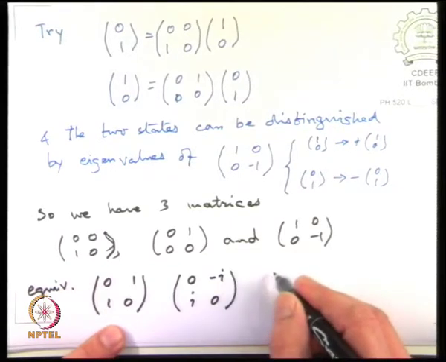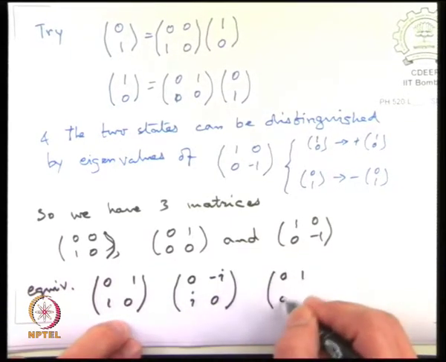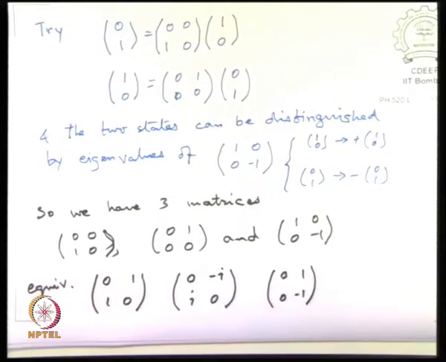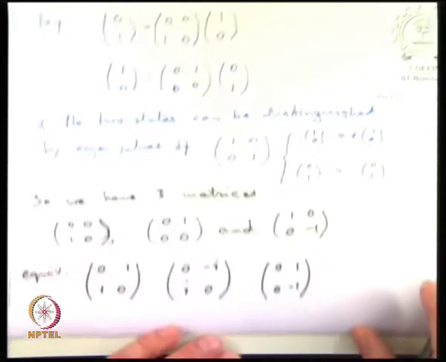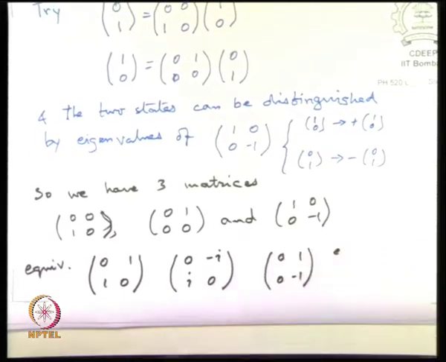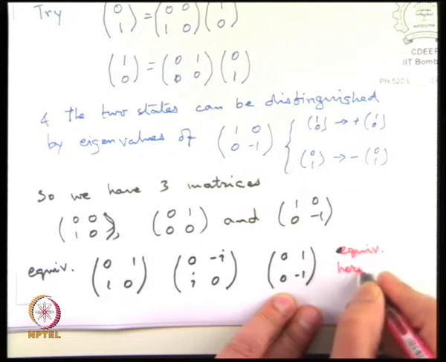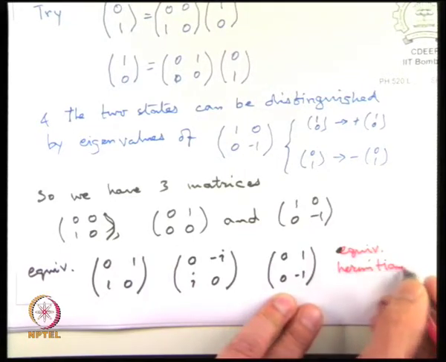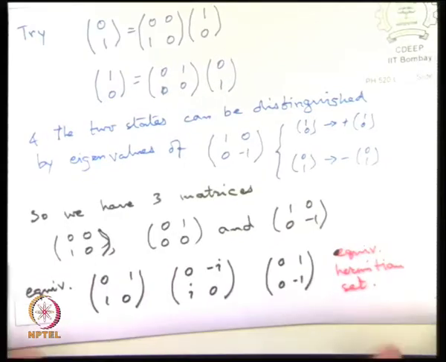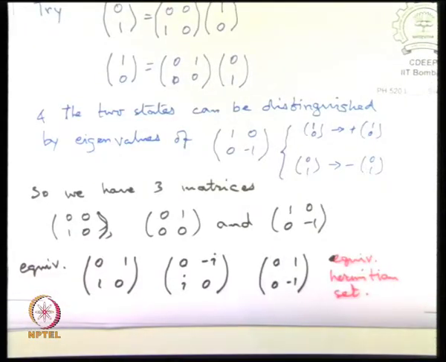And then there is 1 0 0 minus 1. Okay. So these are the equivalent Hermitian set. What is nice about this is that these 3 Hermitian matrices exhaust the basis for unitary matrices in 2 dimensions.